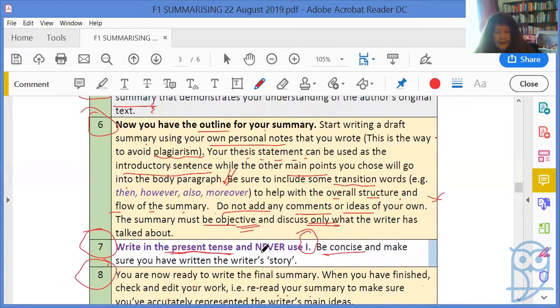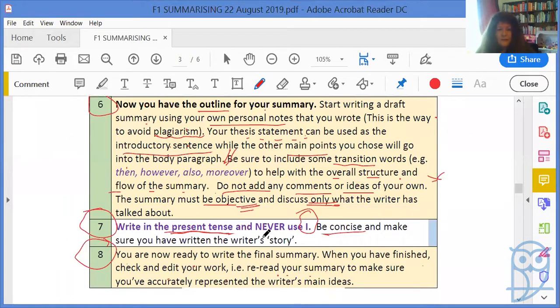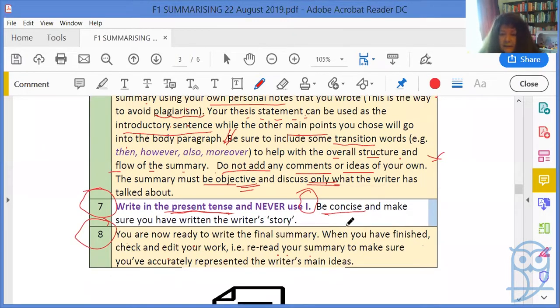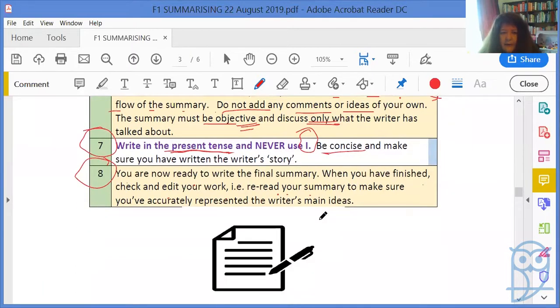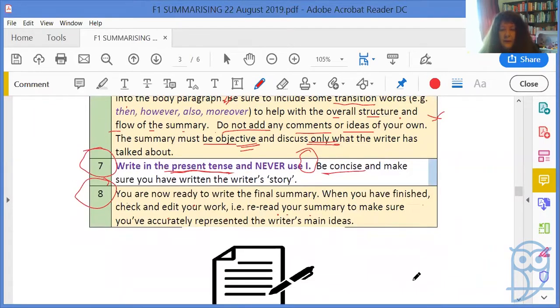Okay, don't add any ideas of your own because it's got to be objective and discuss only what the writer has written, has talked about. Write in the present tense. Never use the word I in a summary. Be concise and make sure that what you're writing is what the author wrote about. And then you do your final summary. And hopefully you get full marks for it by doing that.